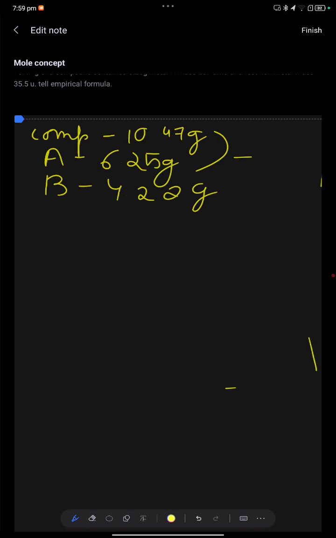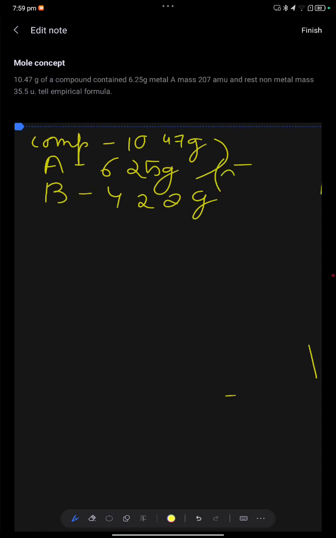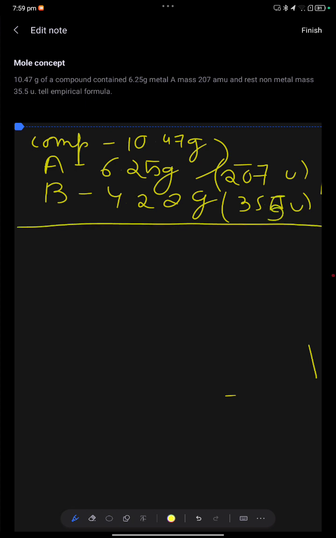So we know that the mass of A as given in the question is 207 u, and B is 35.5 u. Okay, 35.5. So the thing we need to do is to find the number of moles.